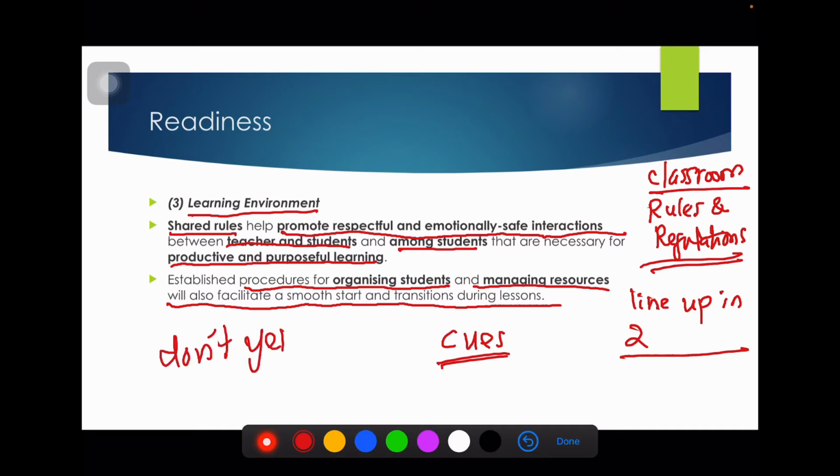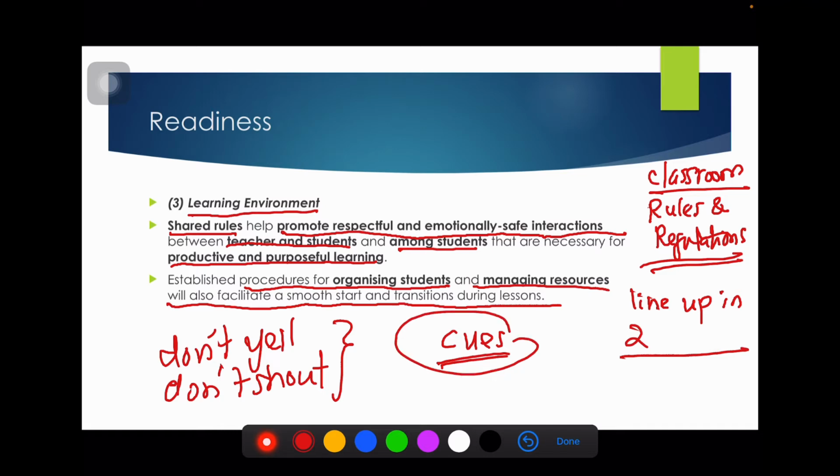Don't shout. These are very bad manners, and if they copy you, then at home they'll be shouting at their parents. So we don't want this kind of mannerism in the younger students. So use cues, clapping your hands, or part of a song, or something like, "Eyes on me," and then the students reply, "Eyes on you," and then they quiet down.